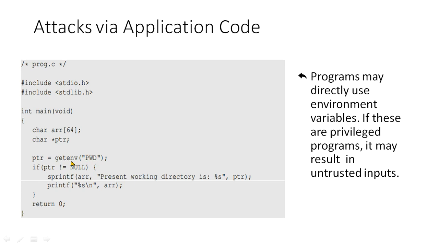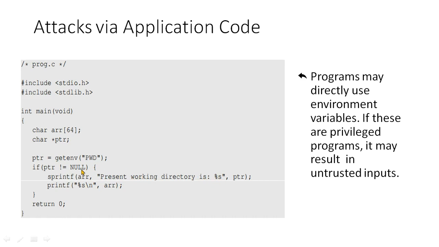So we can get to know which directory we are in when we run this program, and we get a string returned and pointed to by this pointer, and we print the returned string into another string. We print out this string as "the present working directory is", and then the present working directory.